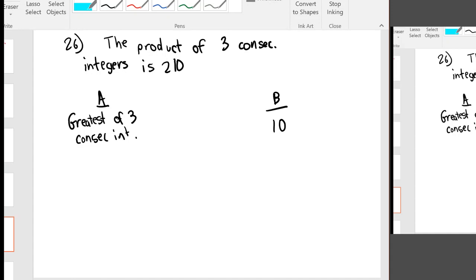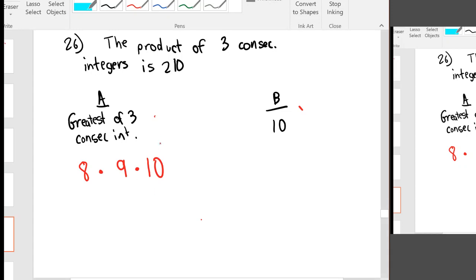I'm looking for which one's bigger, column A or column B. So if I know the greatest of three consecutive integers, all right, well, let's try this. 8, 9, and 10. Okay?